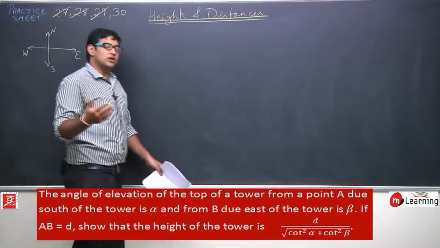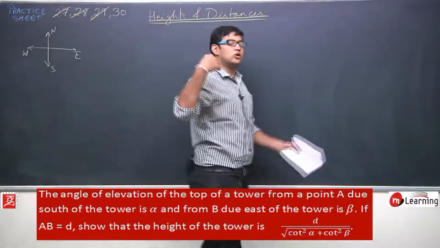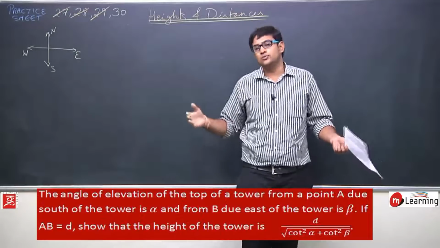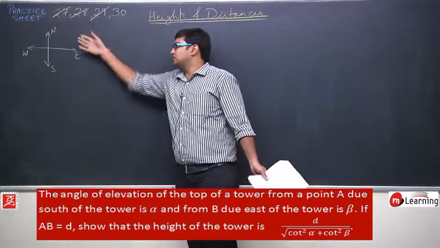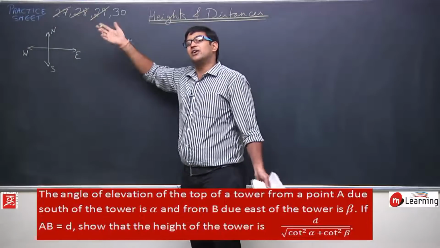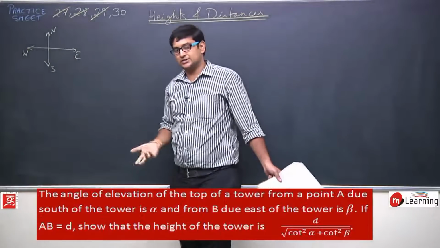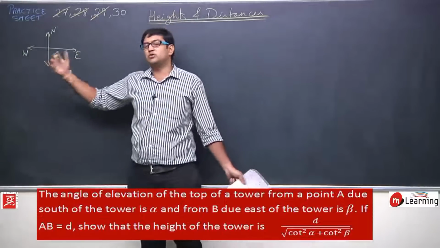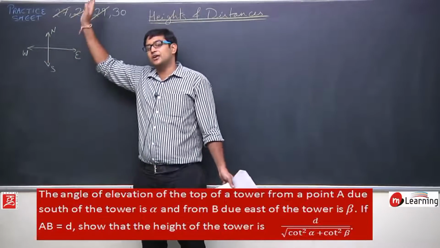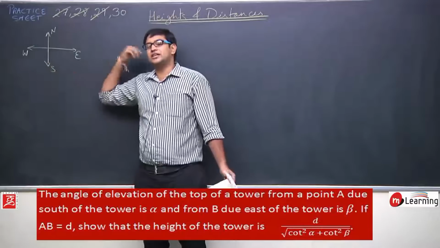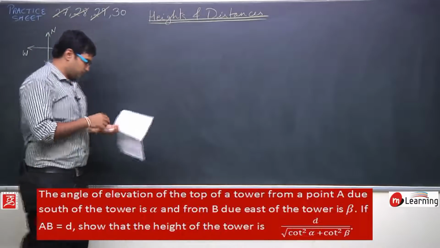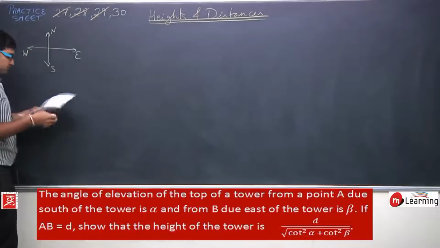It is up to you in which direction you want to use south or north. If you want, you can use north in this direction and adjust the directions accordingly. But I am used to having north upward, south downward, east on the right and west on the left. So I am going to use this convention.